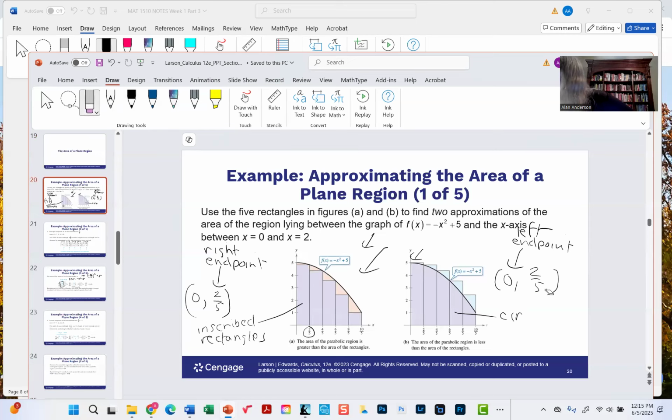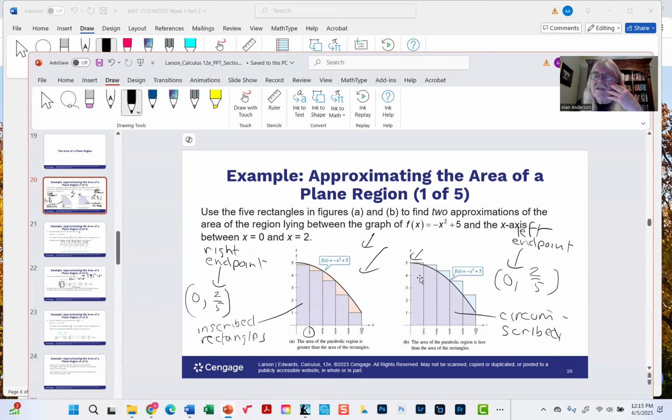All right. Just in case they keep using this terminology, we just want to make sure we know what they're referring to. The one on the left is formally defined as inscribed.